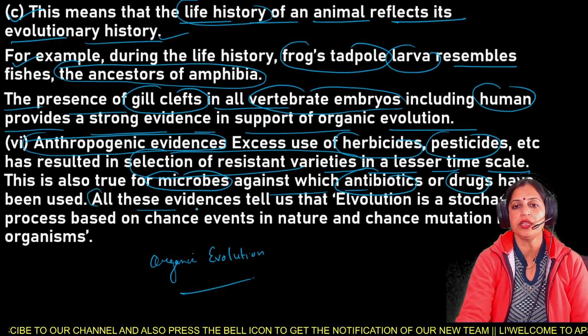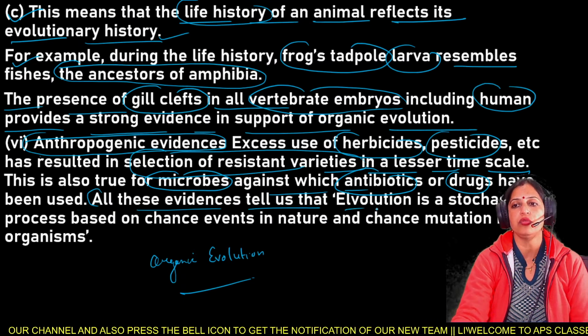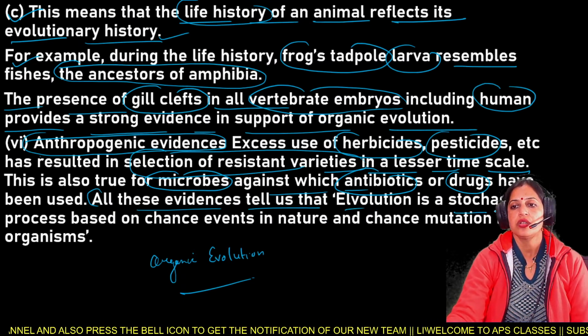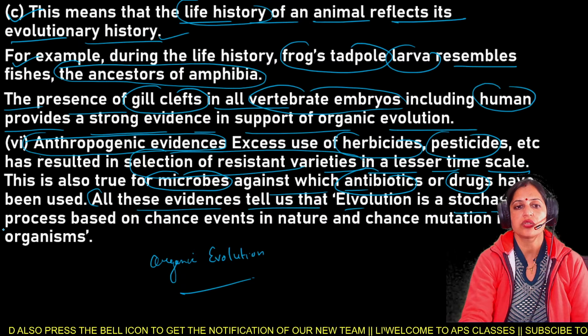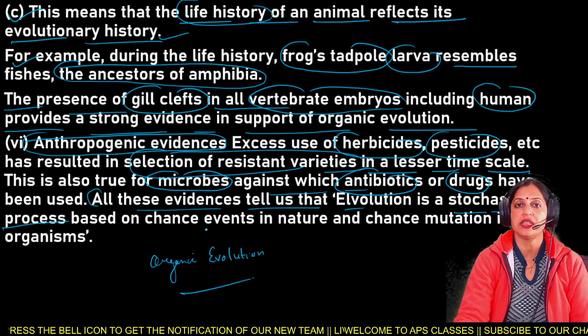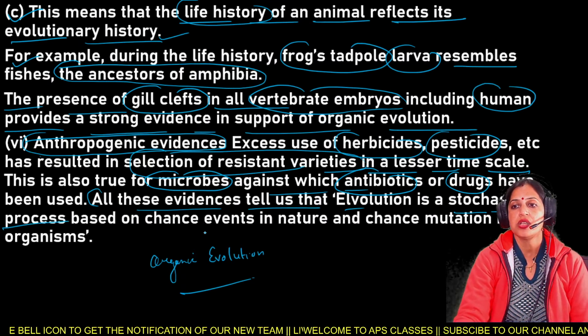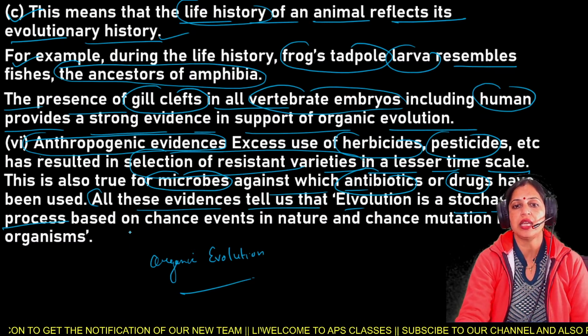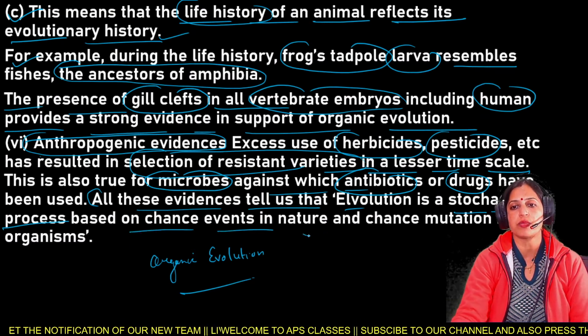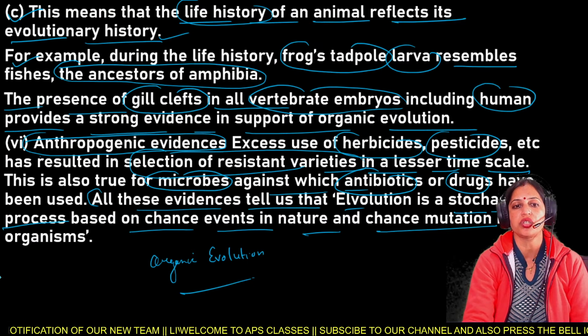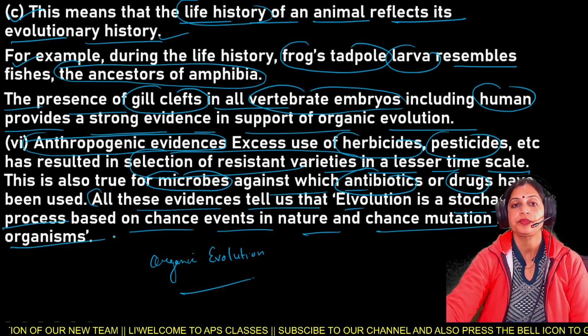So all these evidences tell us that evolution is a stochastic process, based on chance events in nature and chance mutation in the organisms.